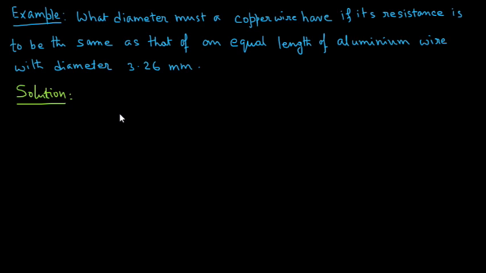First we need to find out the relation between resistivity, cross section area and resistance. So we know R is equal to rho L by A. We can write it as rho L by, in terms of diameter, pi d square by 4.